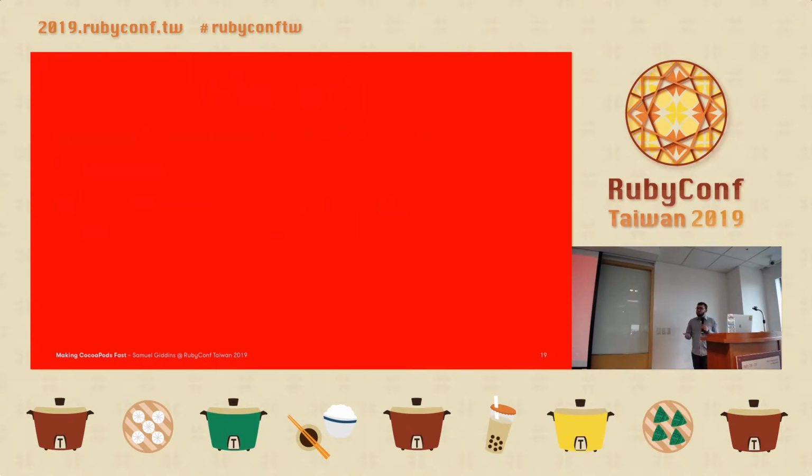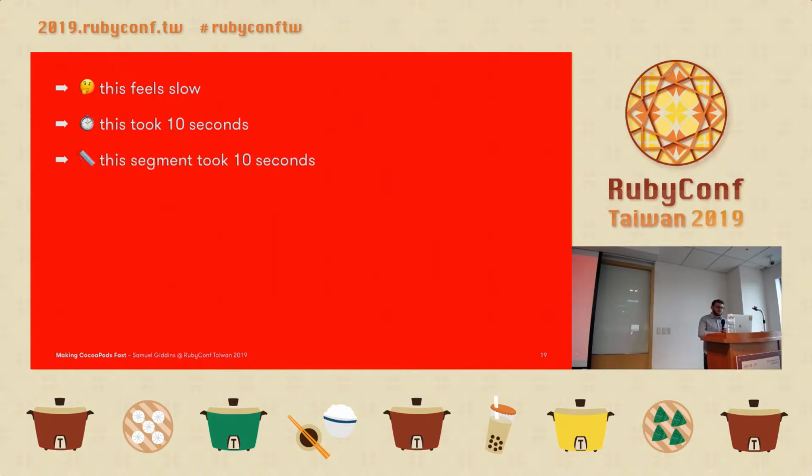So there's a scale of precision to answering that question. Step one is, well, something happened and I've gone to Twitter, and I'm saying this is terrible, this is slow. A lot of people, it turns out, just stop there because they don't care any more than to vent off some steam. Then you can start to put some numbers to that and say, running this thing took 10 seconds.